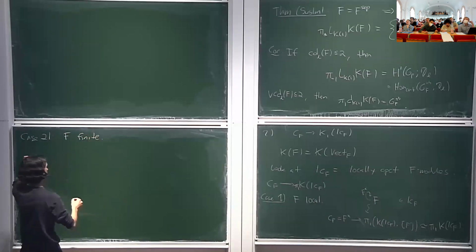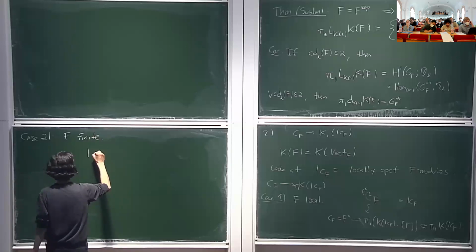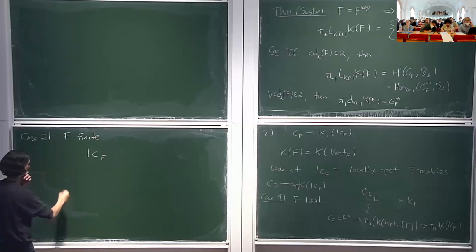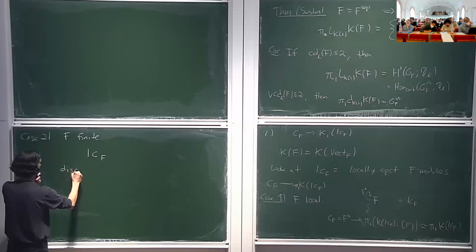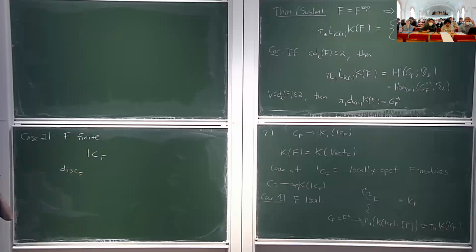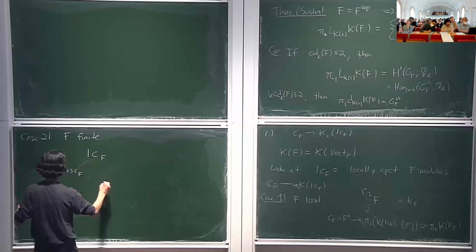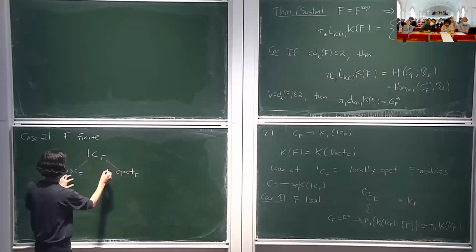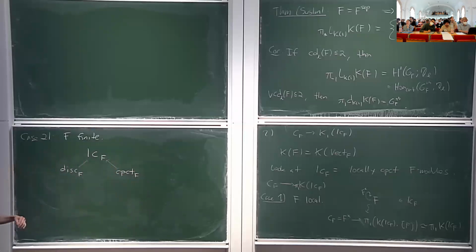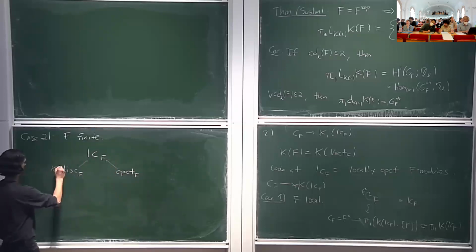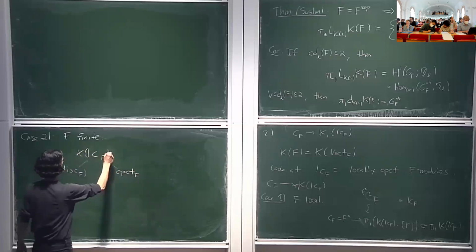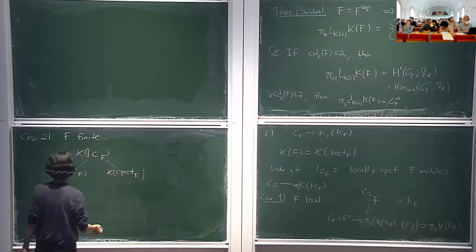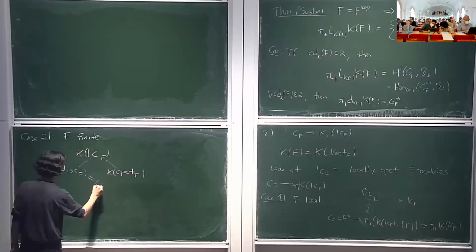So now I have to tell you something. We have locally compact F modules. A special case is any discrete F module. There's lots of those. I didn't say finite dimensional, I said any discrete F module. That includes in there, but also any compact F module, just the Pontryagin dual to this one, also is included in there. You can take K-theories. And the interesting thing that happens is that these K-theories are 0.